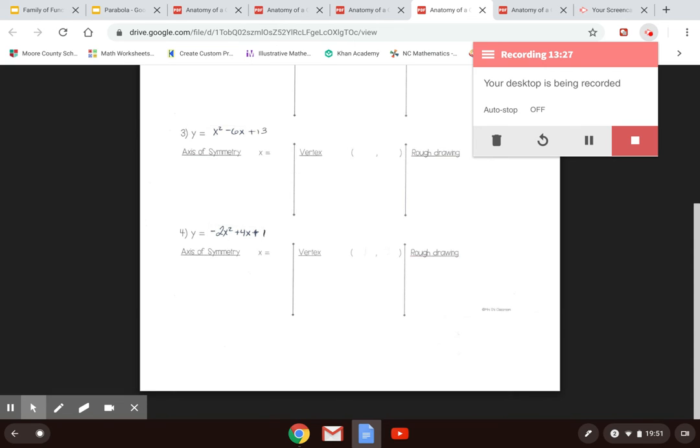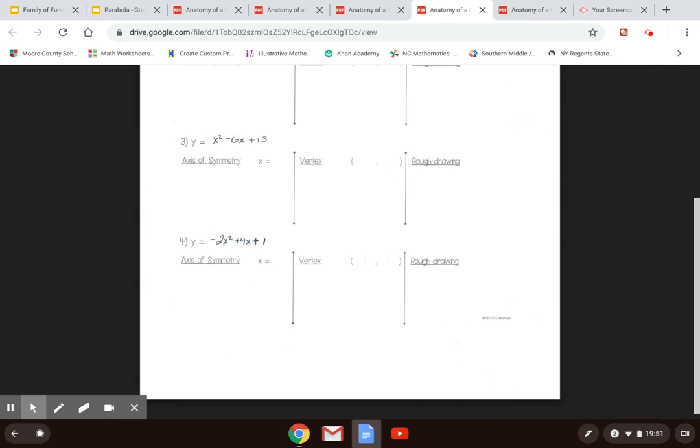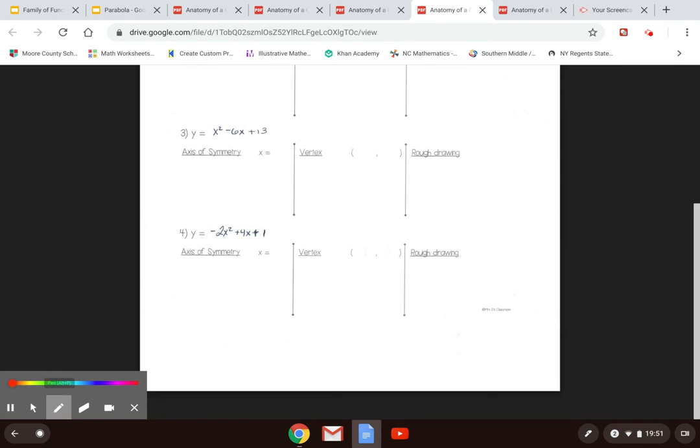Okay, so for the next one here, same thing, we're looking to solve for x. Let's do this one in purple. So x equals negative b divided by 2a.